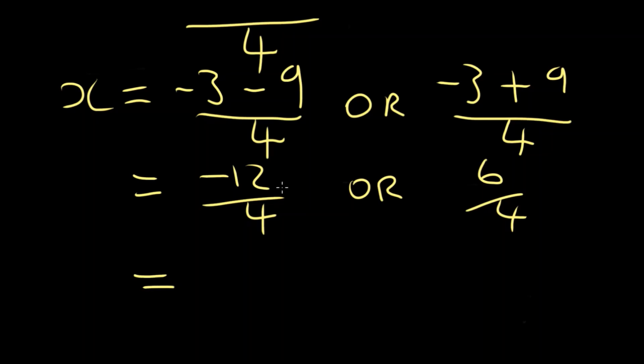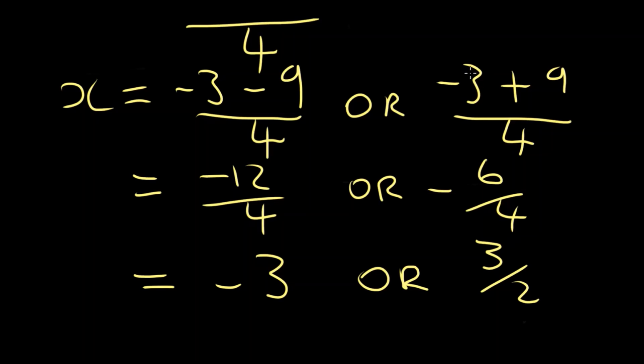Simplify those fractions. The common factor there is 4, isn't it? So 12 divided by 4 is 3. So it'll be minus 3 over 1, or 6 divided by 4 divided by 2, 3 on 2.